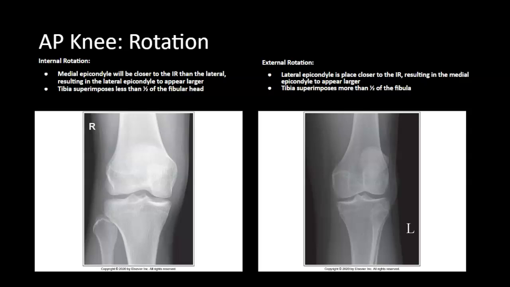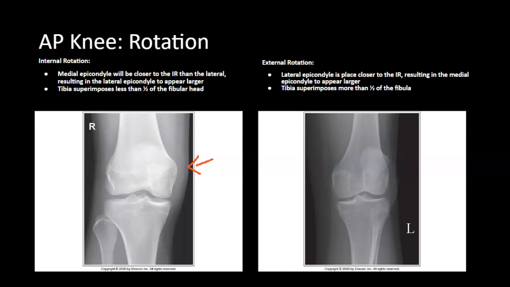So let's take a look at how we determine rotation in the AP knee projection. When the knee is internally rotated, you're going to see that the medial epicondyle ends up being closer to the IR in that internal rotation.